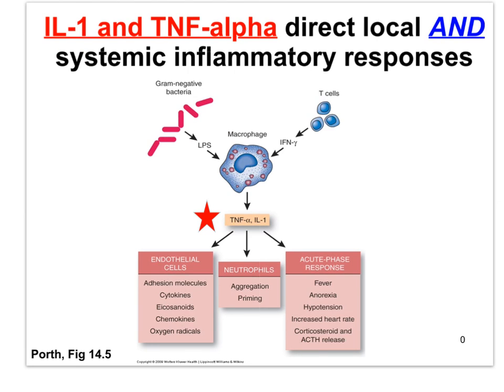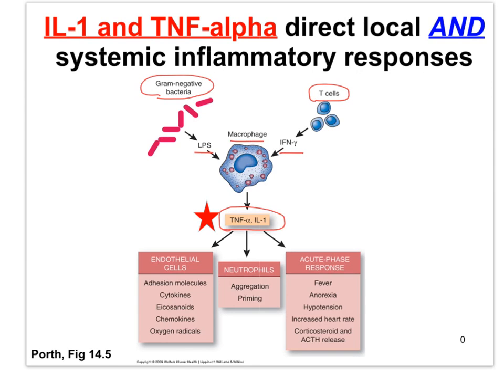This is a really nice image showing you the production of TNF-alpha and the stimuli that make that happen. So over on the right, you see your T cells. T cells release interferon. Interferon turns on macrophages, which then release TNF-alpha and interleukin-1. Another stimulus of the macrophage is the presence of gram-negative bacteria. They, remember, have lipopolysaccharides on their surface, and that gets the macrophages going also.